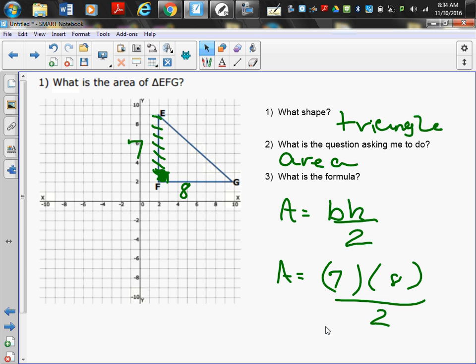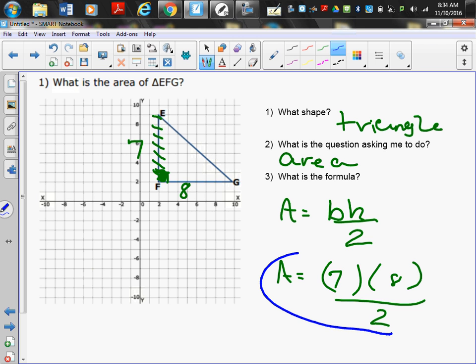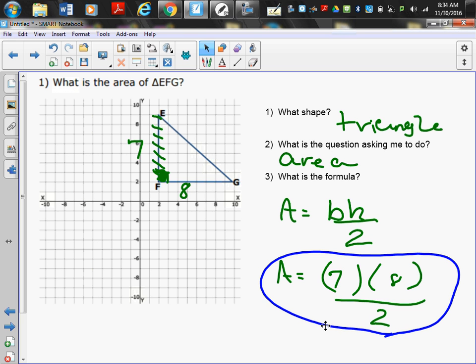What does this look like? This piece right here, it looks like a what? A fraction. So, how do I put a fraction into my handy-dandy calculator?